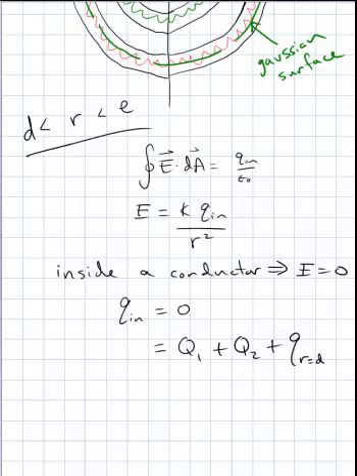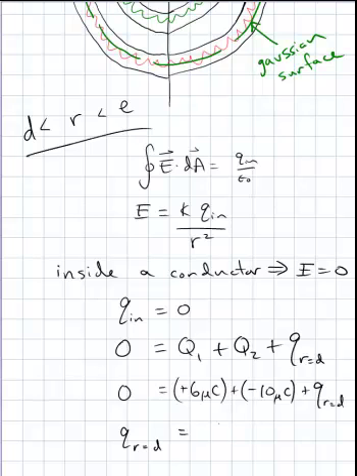The charge on the sphere, plus the charge on the inner shell, plus the charge on the inner surface of the outer shell. And that all has to add up to be 0. Q in is equal to 0. So we can plug these in. We've got Q1 is, sorry, positive 6 microcoulombs. Q2 is negative 10 microcoulombs. And so we can very quickly see that we have to have positive 4 on our inner surface of that conductive shell.